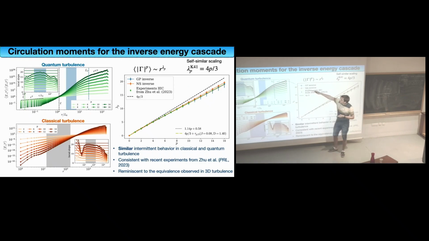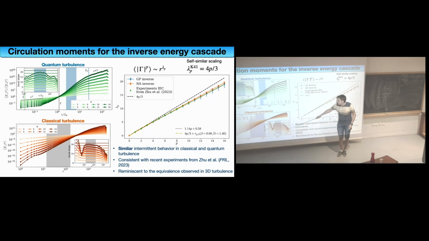Here on the left, I show you the moments of circulation up to order 16, pretty high moments, and we study an inertial range between the intervortex distance, which is also very close to the initial condition scale, and the integral scale, and we compute the local slopes derived as the logarithmic derivative of the moments as a function of the size of the loop. And we see here that they approach a plateau, but that deviates from Kolmogorov prediction.